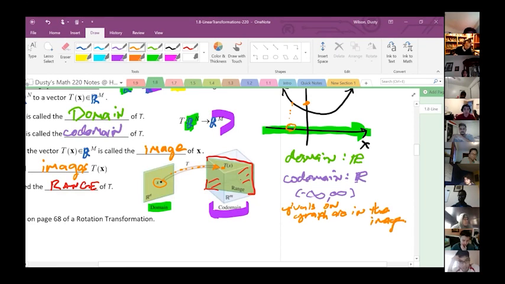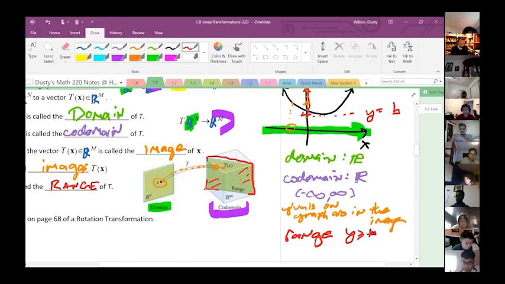Okay. And then how about the range? You could imagine you have all these different y values showing up, but your range would be from whatever this value is, y equals b, y greater than or equal to b, something like that.